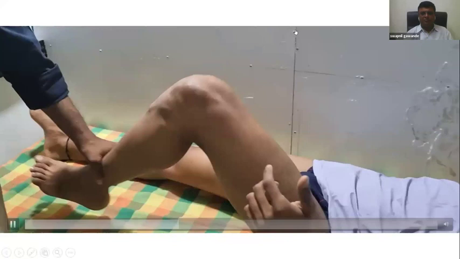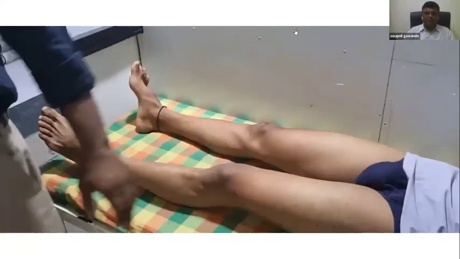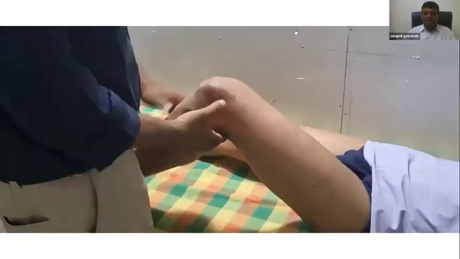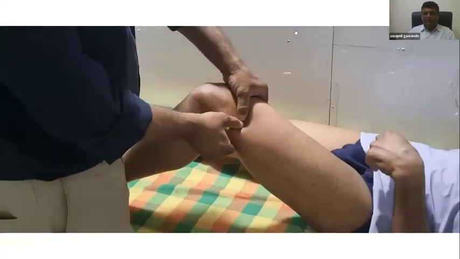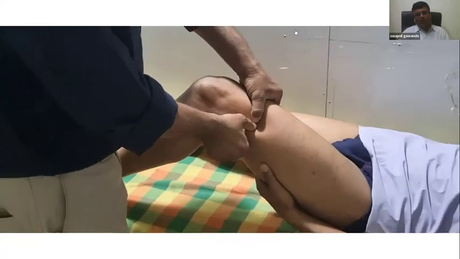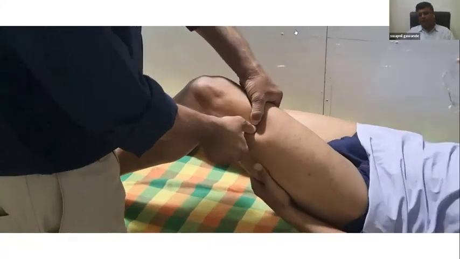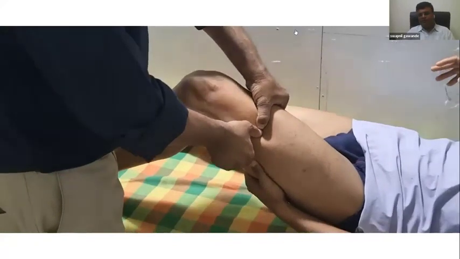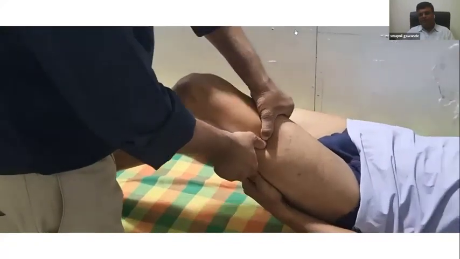Now you can see that after 5 minutes, again I am doing the fascial release. So you must know the proper anatomy and proper fascia. I'm separating the two quadricep muscles from each other.